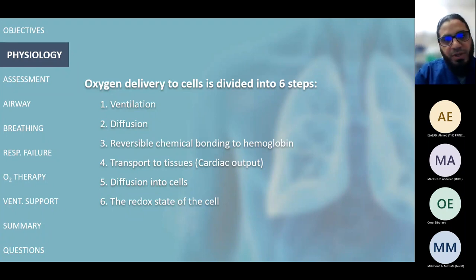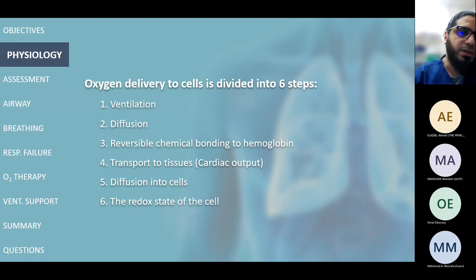In this session, we will be mainly concentrating on the first step, which is ventilation. So ventilation means the movement of oxygen with air from the atmosphere all the way through the airways down to the alveoli.